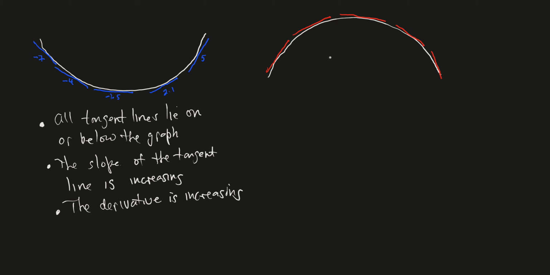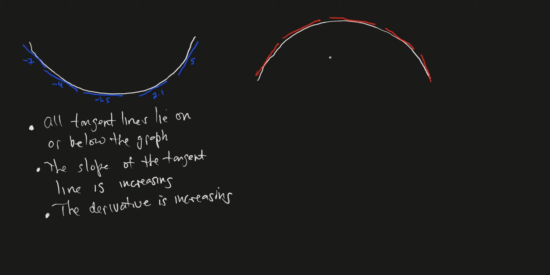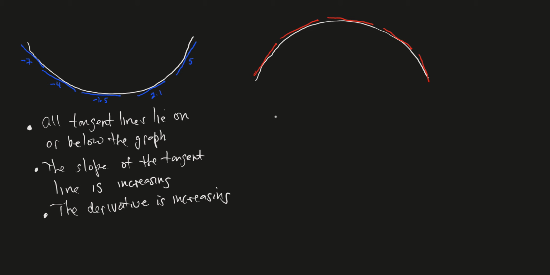But let's do something similar with the red tangent lines. Now that we know what to look for, we will have analogies of each of these bullets on this side. If we look at all the tangent lines now, it's almost like they're pushing down the curve.